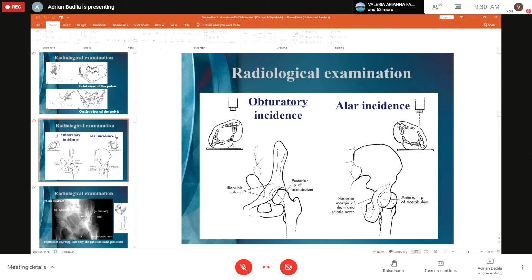In the other incidence, the patient is positioned at 45 degrees with the horizontal line in the other direction, and we can see very well the iliac wing. Ala means wing in Latin. So this Alar incidence is performed in order to see the iliac wing.